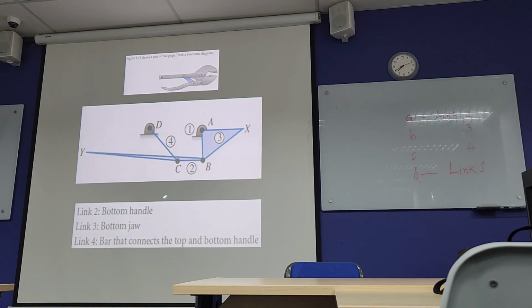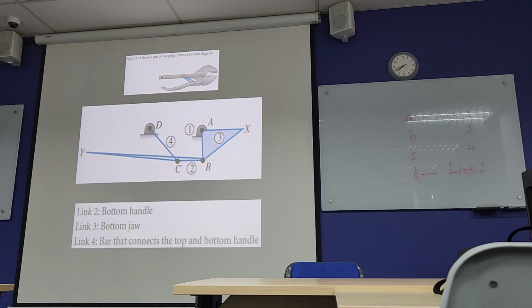Link 2 is the bottom handle, shown as link 2. Link 3 is the bottom joint. This is link 4 that connects the top and bottom of the handle. This is a ground link here and this is a ground link. So A and B are the ground links.